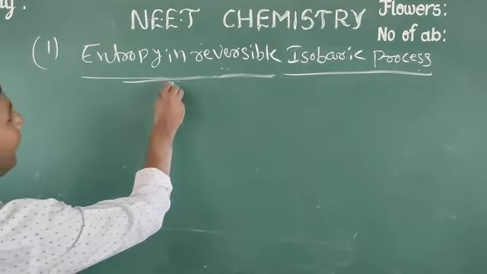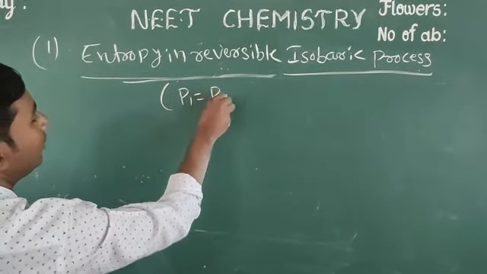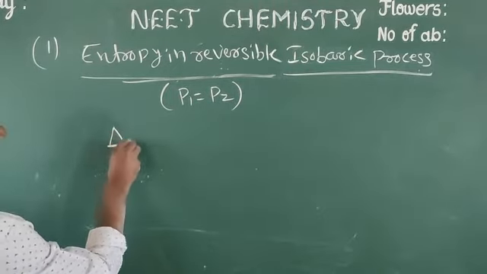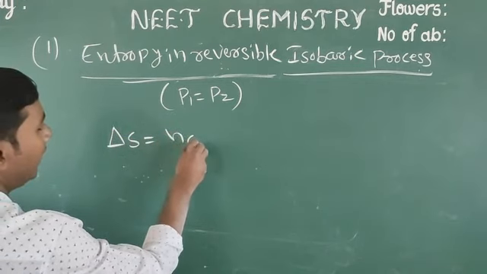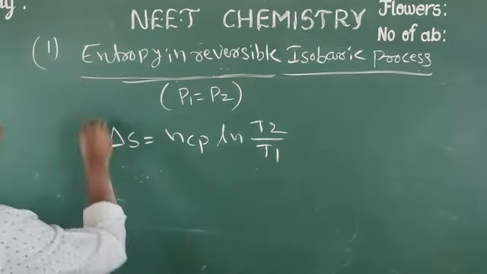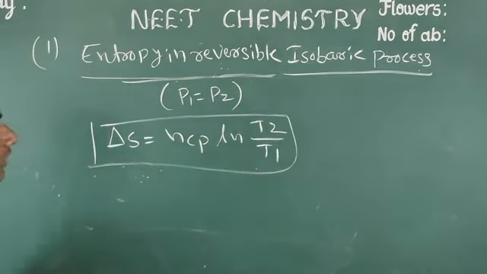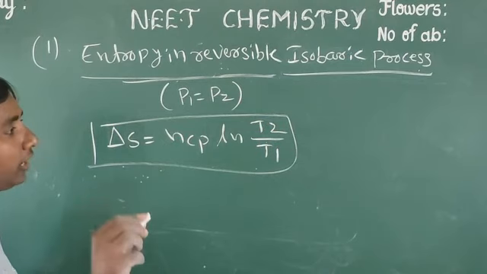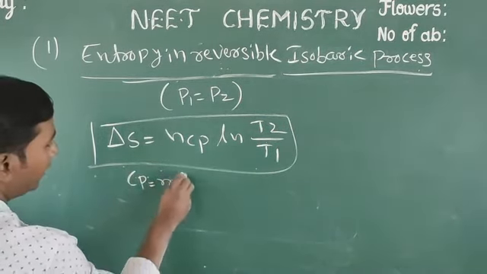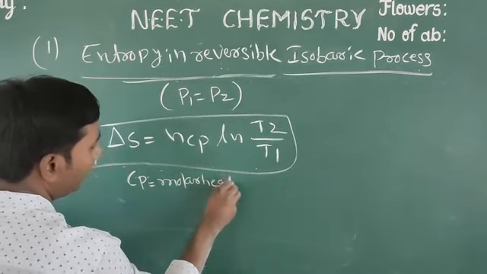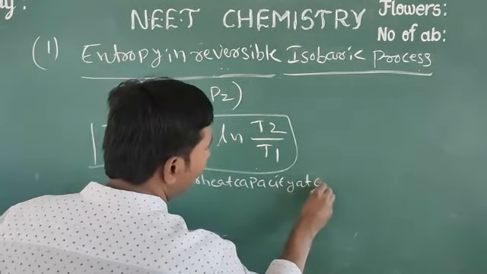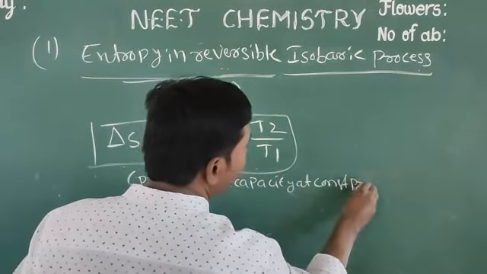Okay, isobaric process means P1 equal to P2. In this case, del S equal to n Cp ln T2 by T1. Cp means molar heat capacity at constant pressure.